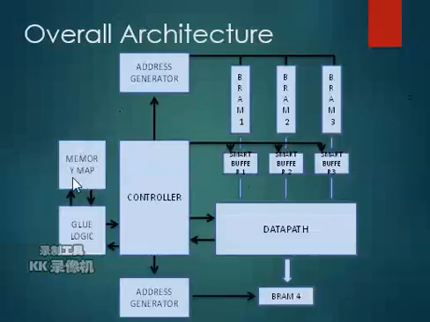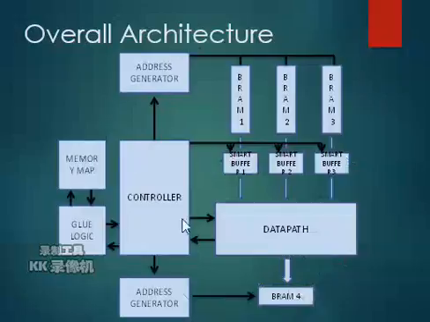You put data from memory into RAM, and it goes through a smart buffer because there is some data width difference between the RAM and the data path. So we need smart buffers to cover that change. And we store the output into VRAM and put it back into the memory map.